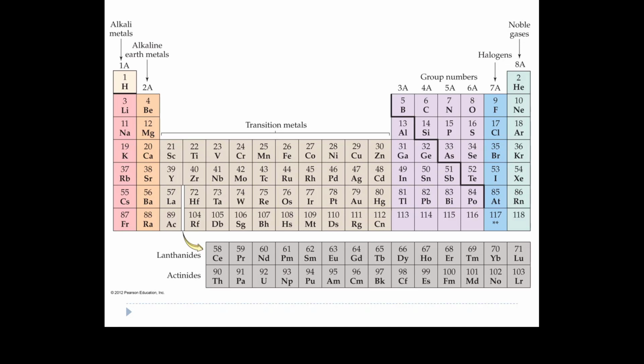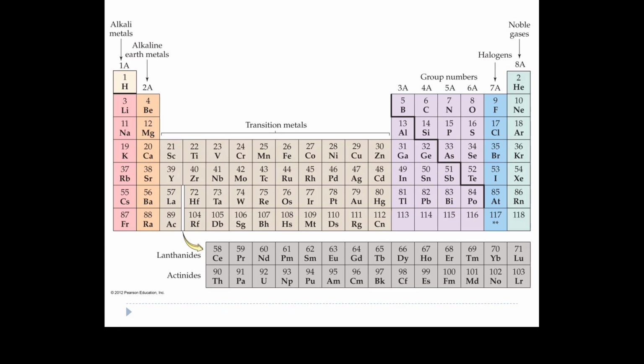So group 1 over there, group 1A, they're called the alkali metals. And their most important property or biggest property is that they react violently with water. If I were to put those things in water, they would cause explosions, okay? Group 2 are alkali earth metals, and they also react with water, but not quite as violently as the group 1 metals, okay?